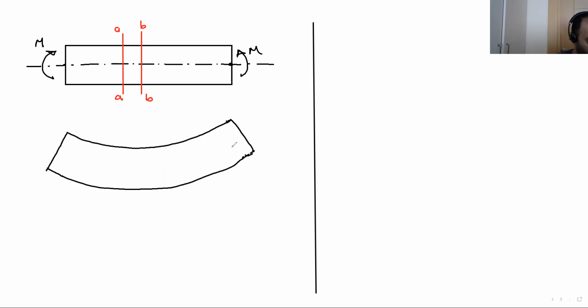And here, let's see the axis. This is the center. Let's connect these center points to each other.